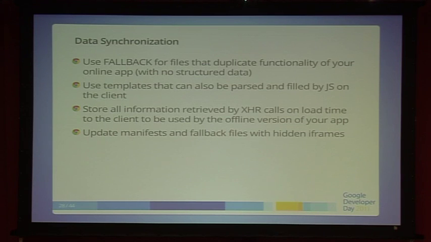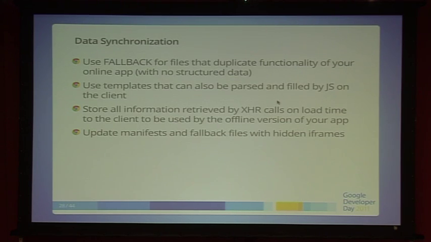So, synchronizing data between the client and the server. The goal here is to keep the client synced with the data on the server and vice versa. When you have static files on the server that you are updating and you want the client to get the new version when they change, use fallback in the app cache. So you can get the files if you have network.